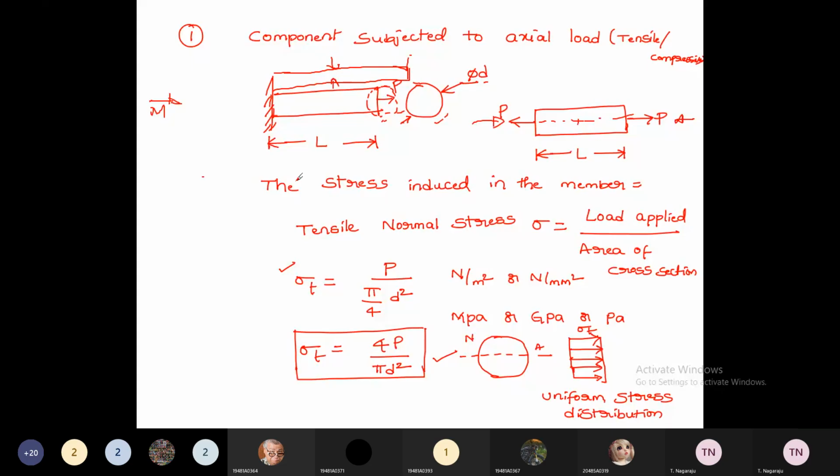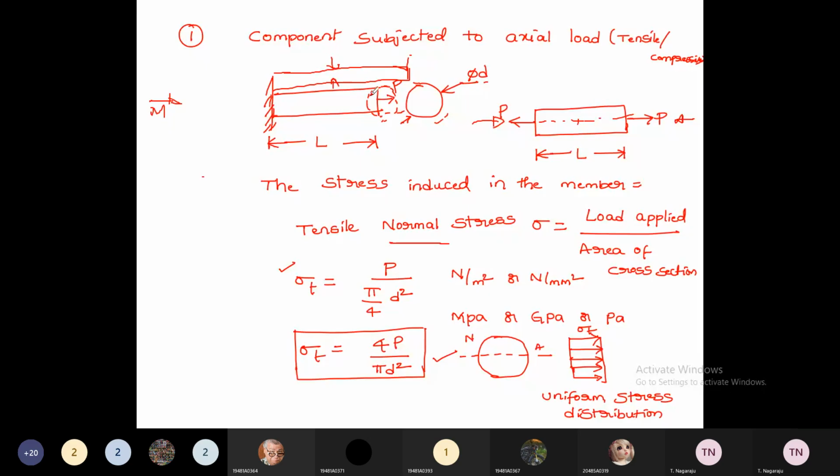Here the stresses are more in the normal direction compared to the lateral direction, so the stresses are maximum in the normal direction. That's why we calculate the stress in the normal direction.